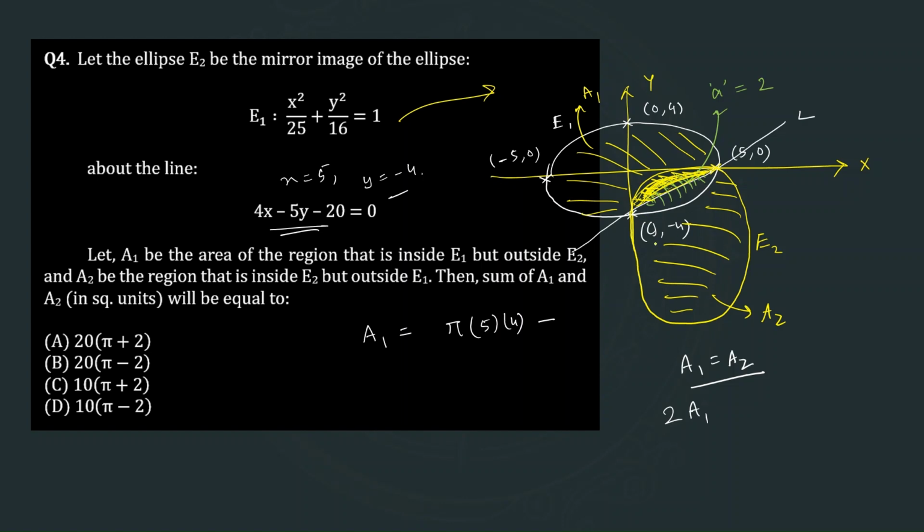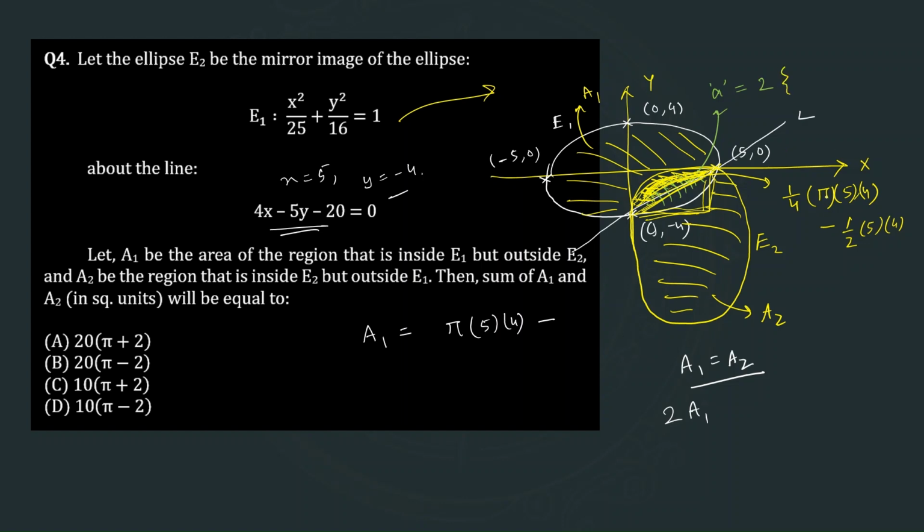So this yellow area we can calculate easily as 1 by 4 of the total area of this ellipse E2, which is pi times 5 into 4, then minus the area of this triangle. The area of this triangle will be equal to half times 5 into 4, and our small a will be 2 times this area.